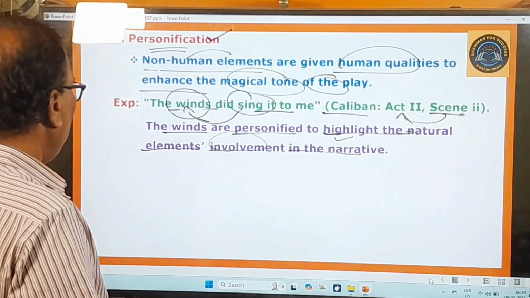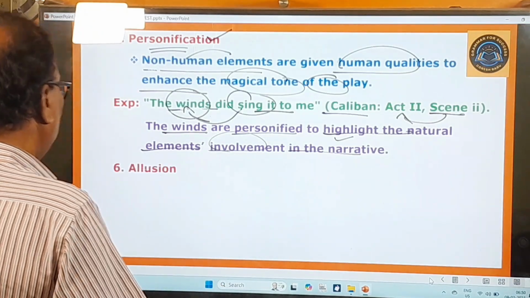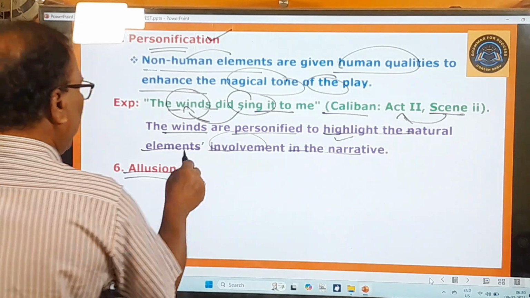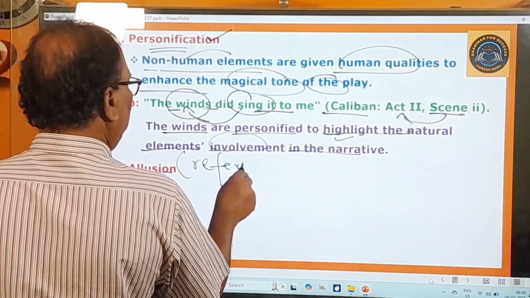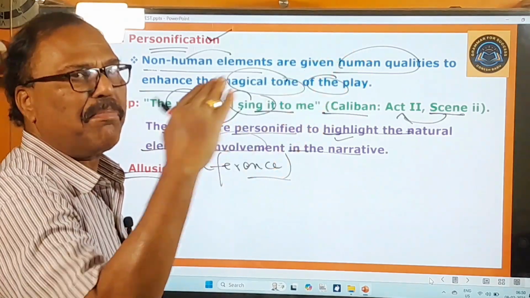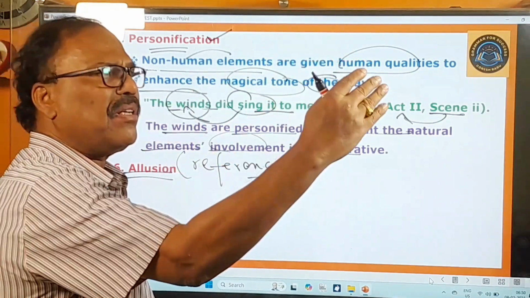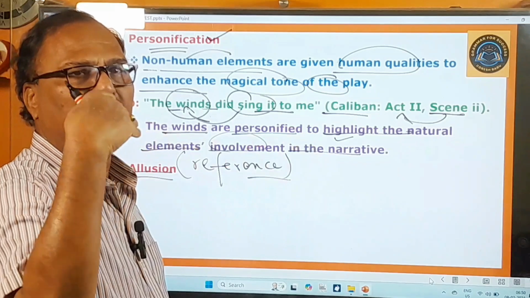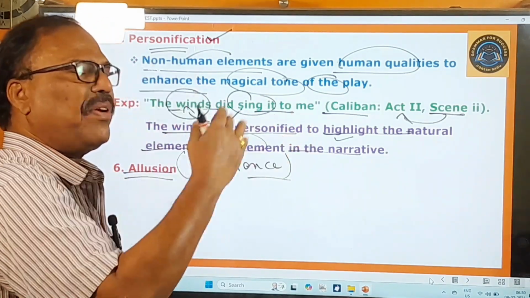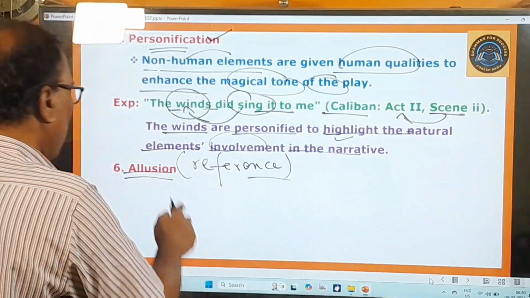And now you move on to the next literary device, that is allusion. Allusion means what? Allusion is nothing but a reference. You refer to something or some person, or some book or some incident, so some literature. Whenever you refer to something, that itself is called allusion.